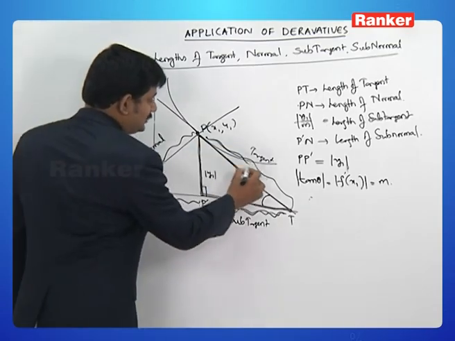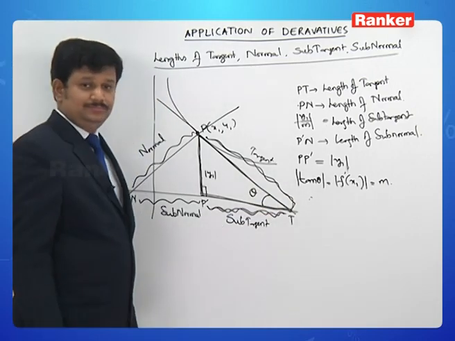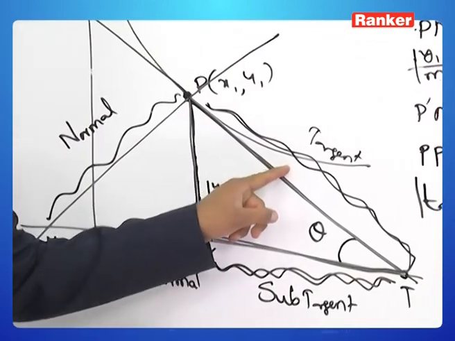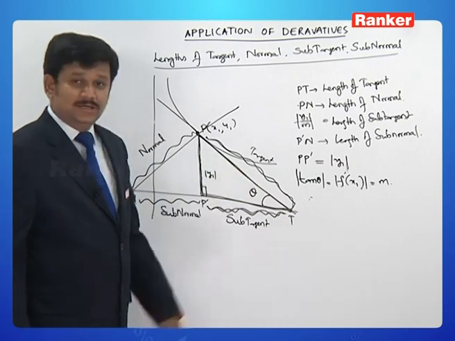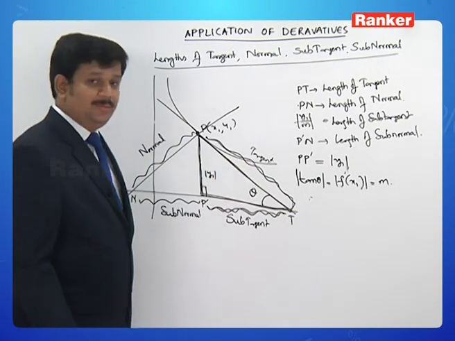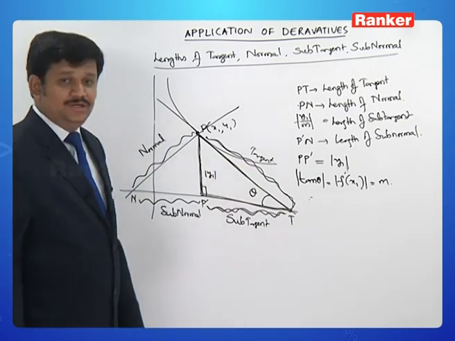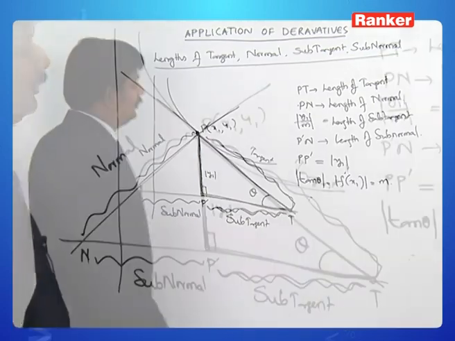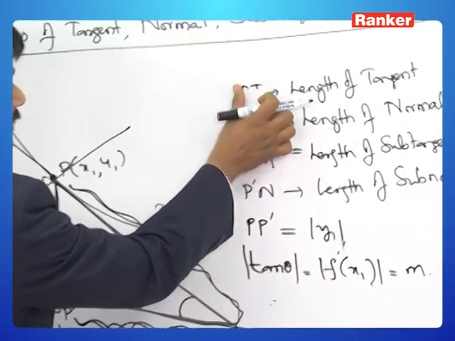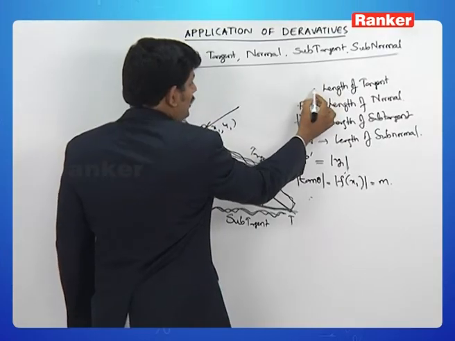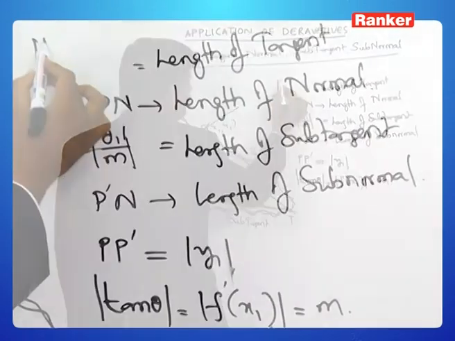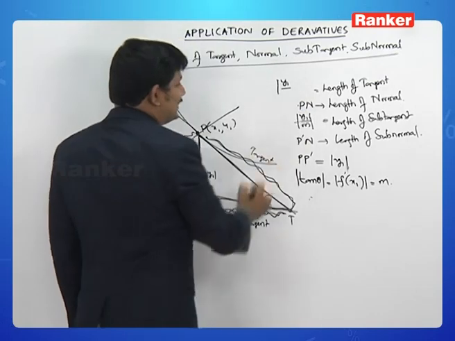Now look at this hypotenuse. Opposite side by hypotenuse is sin theta. So hypotenuse is given by mod y1 into cosecant theta, or mod y1 by sin theta. So length of the tangent is equal to mod y1 by sin theta.